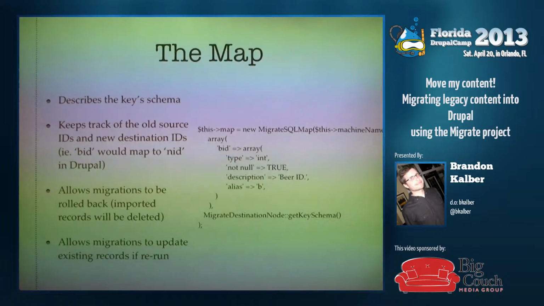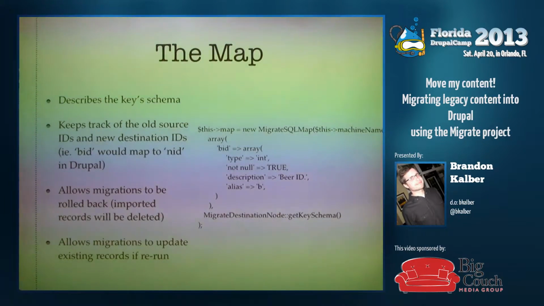The second parameter is going to be an array. It's your schema for your source key, essentially. So from the source data, beer ID, you define what it's like. You can give it an alias, that's optional, but you'll need one if you're going to use an alias in your query. As I noted, BID here, if that's beer ID, is probably going to map to something like node ID in Drupal.